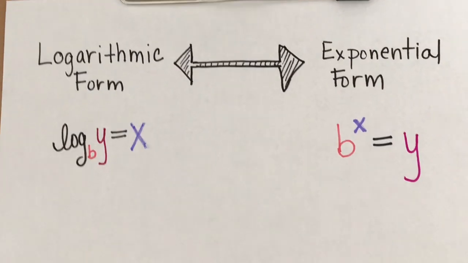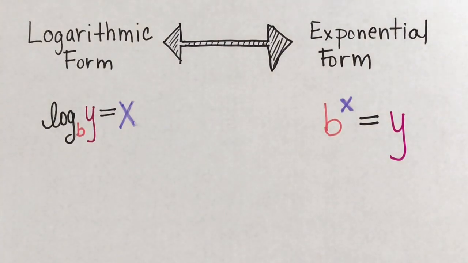So the first thing I want you guys to see is that this is your logarithmic form, log base b of y equals x. And this is the corresponding equivalent exponential form, b to the x equals y.